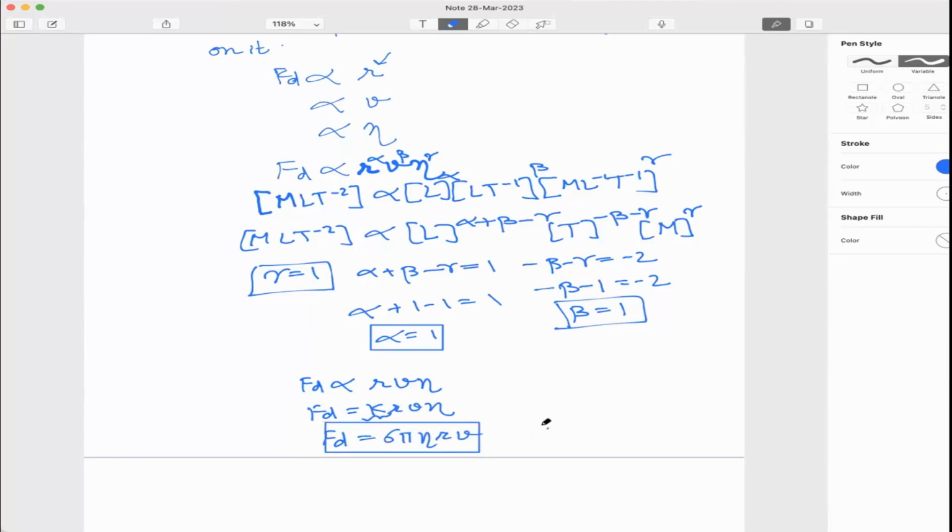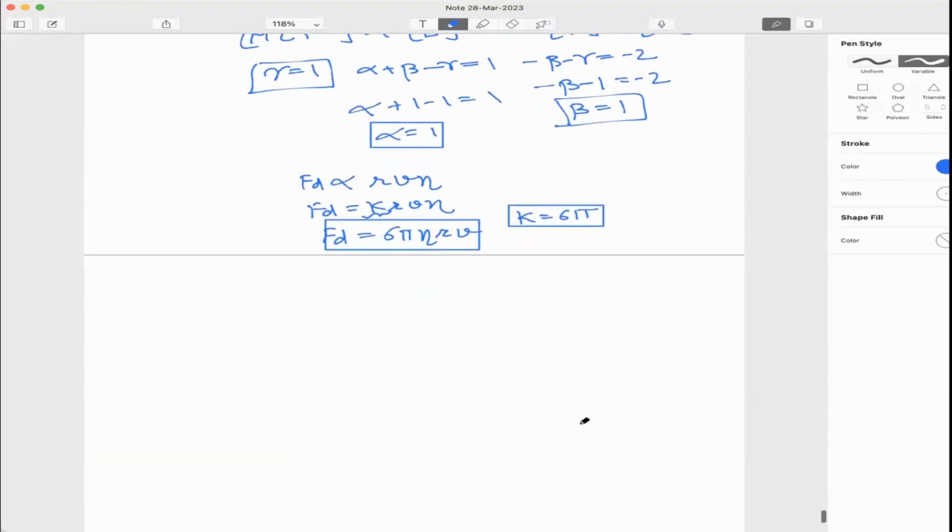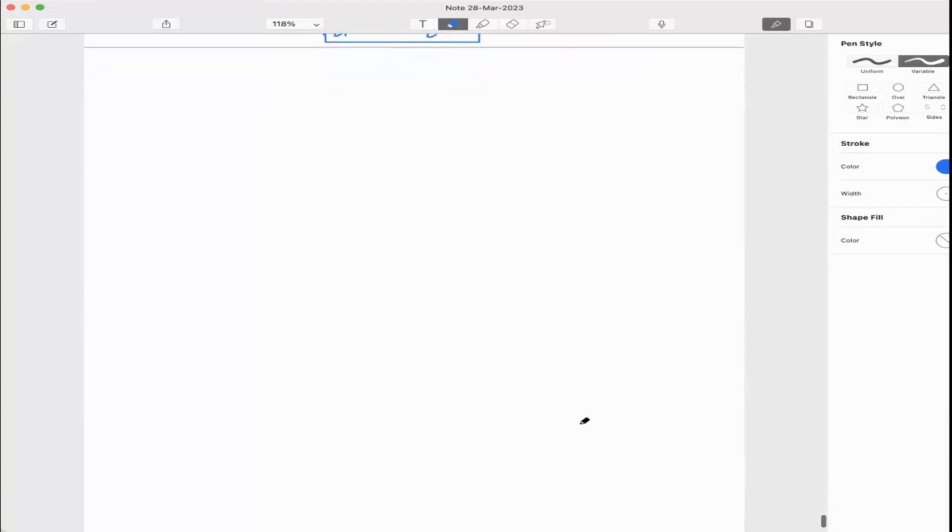The proportionality constant is 6 pi. This is the simple way to check with dimensional analysis, though not always the correct way. It will give you a rough estimation of the dependence on different variables.